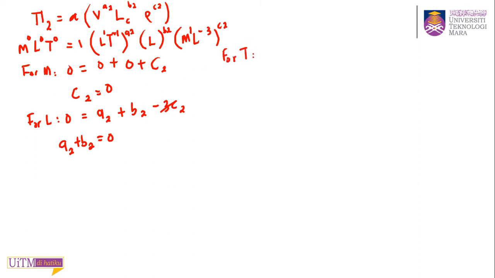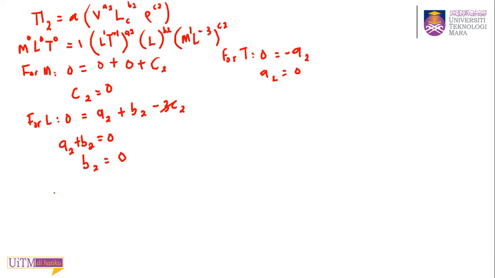For T, 0 equals, here we have 1, minus 1 times A2, so minus A2, and L and rho have no T, so A2 will be equal to 0 too. So now we can find B2 will equal 0 too.